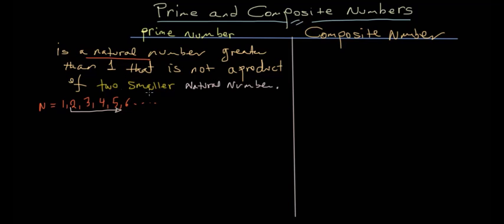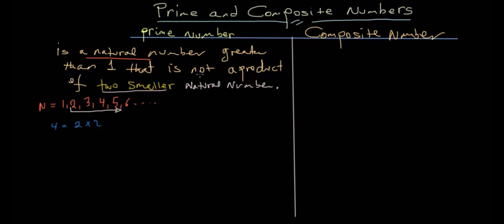Now look at this one: it is not the product of two smaller numbers. What does it mean? Two smaller natural numbers, smaller than the number itself. Let's take 4. 4 equals 2 times 2.